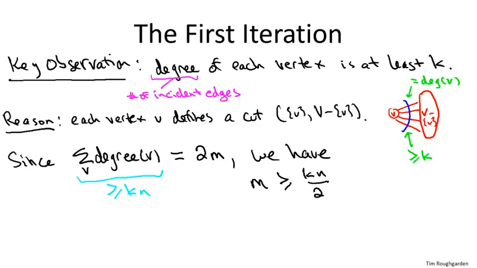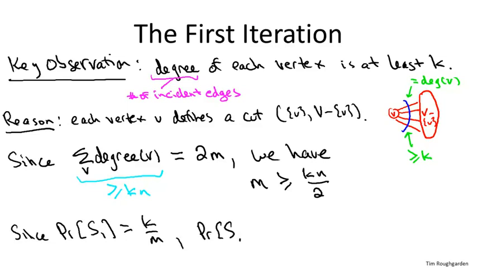So this is just the previous inequality rearranged. Putting this together with your answer on the quiz, since the probability of S1 is exactly k over m, and m is at least kn over 2, if we substitute, we get that the probability of S1 is, at worst, 2 over n, 2 over the number of vertices, and the k cancels out.